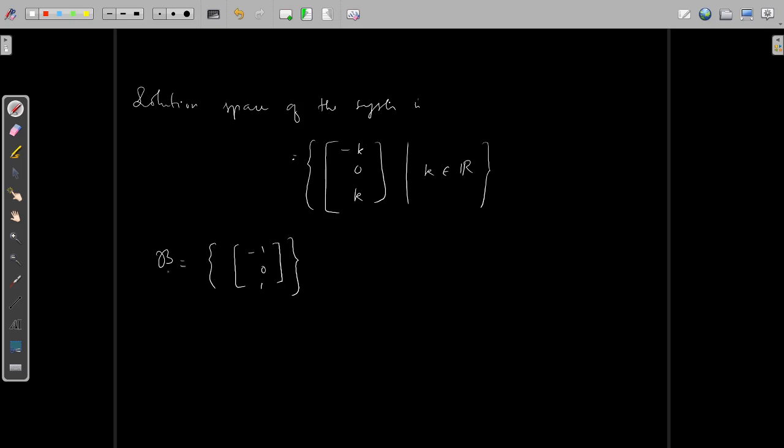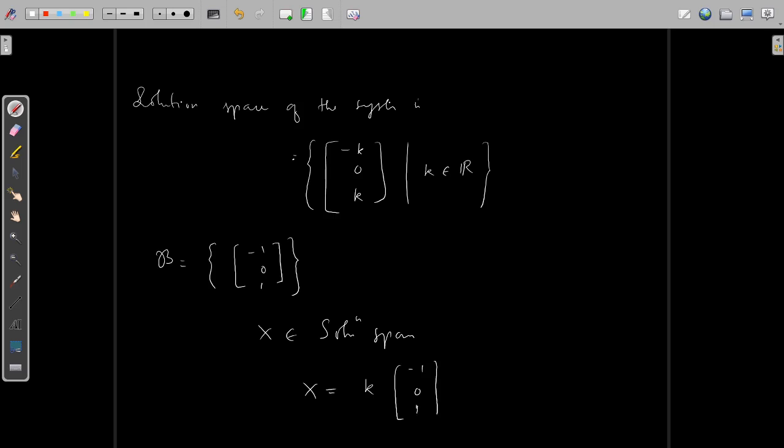Any x belonging to the solution space can be written as x equal to k, an arbitrary constant, times (minus 1, 0, 1).